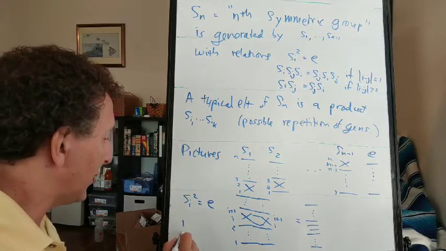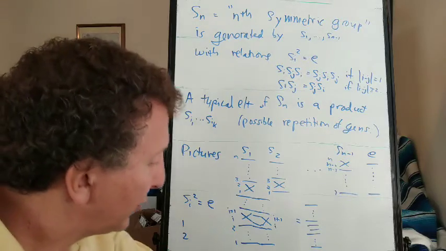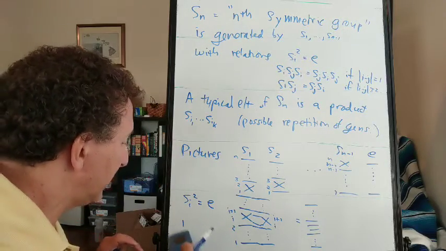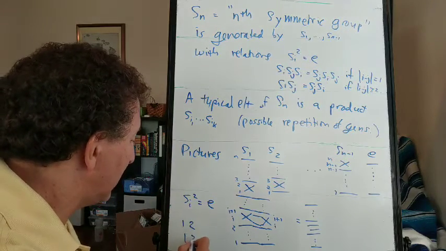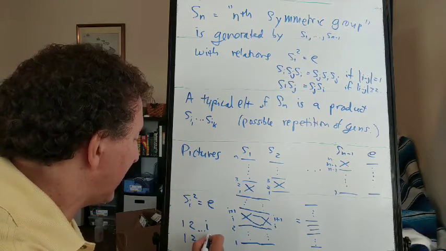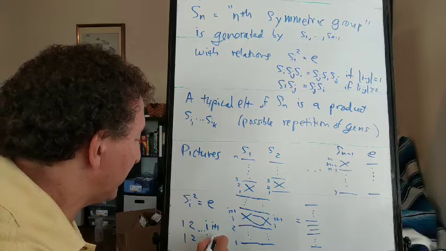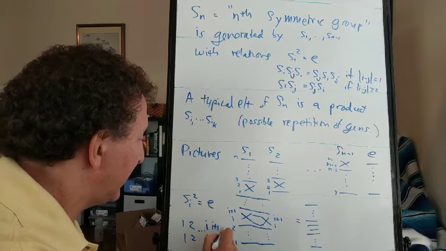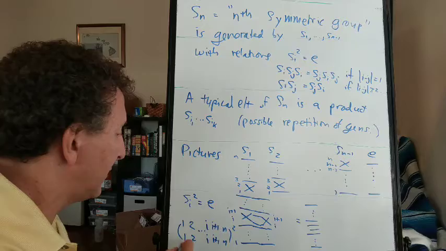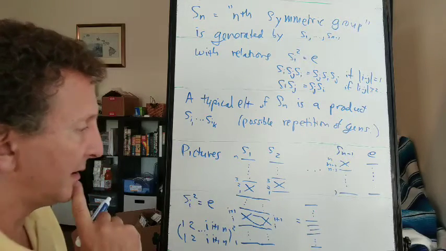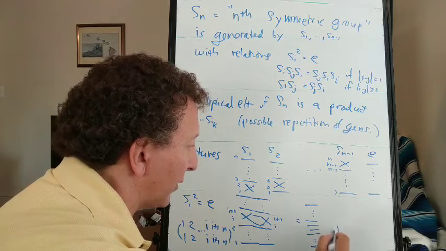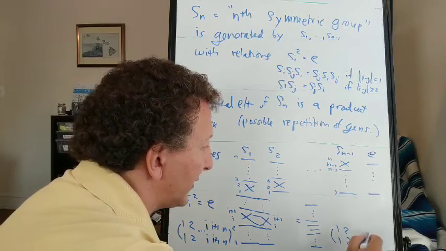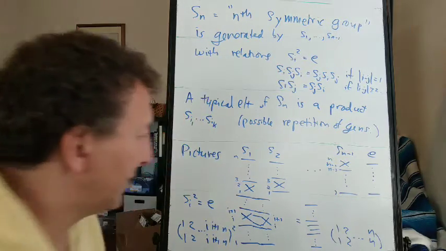So we have 1 going to 1, 2 going to 2, i going to i plus 1 going to i plus 1, n going to n. And in this identity wiring diagram, we have, of course, 1 going to 1, 2 going to 2, etc., n going to n.